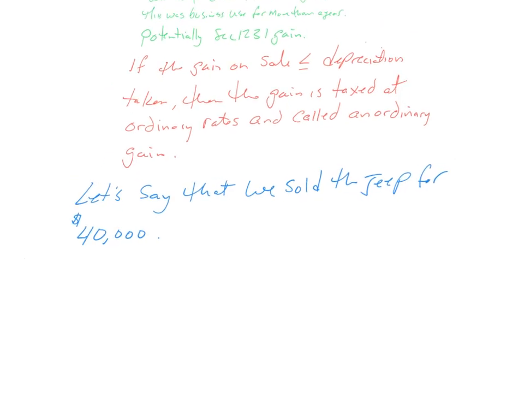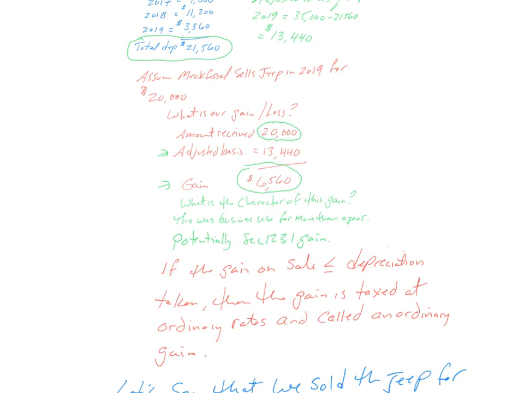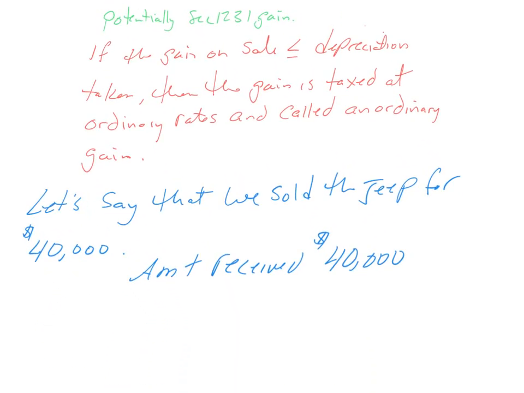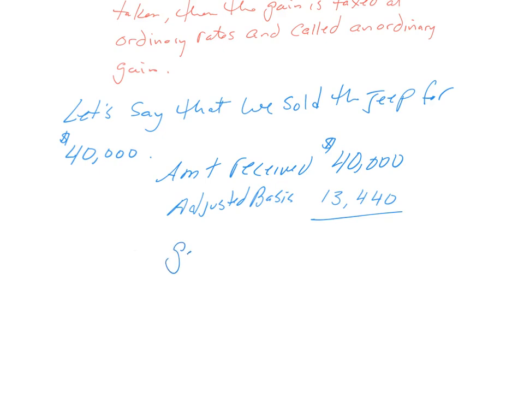So now, what is our amount received? That's $40,000. What was our adjusted basis? We're going to assume same adjusted basis, same depreciation. So now our gain is $26,560.